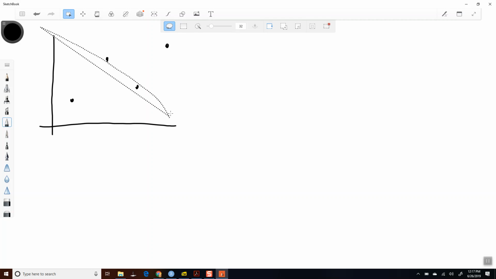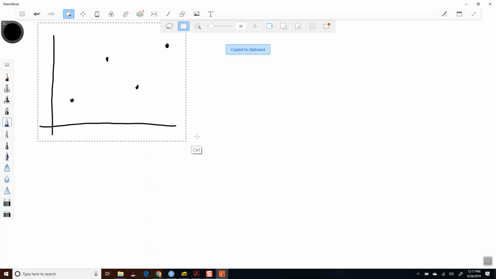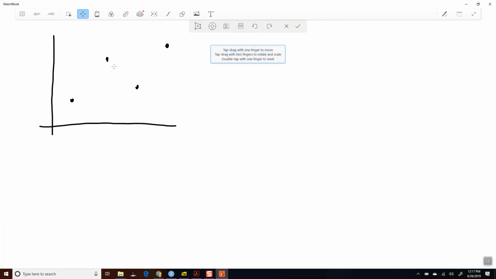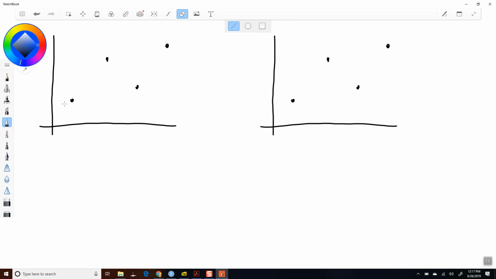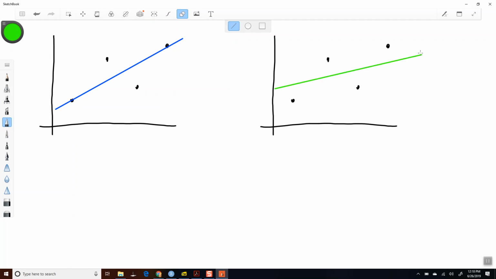So this might be your data set. And you might have two competing lines, right? So one person says the line we fit should look like this, and then someone else says, no, no, no, the line we fit should look like this or something, right? Okay, so which line does a better job?